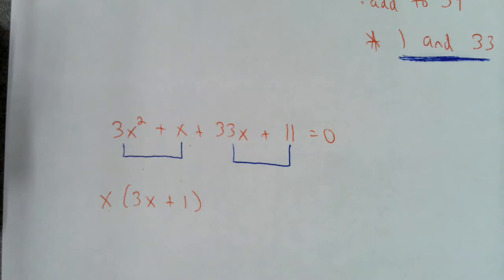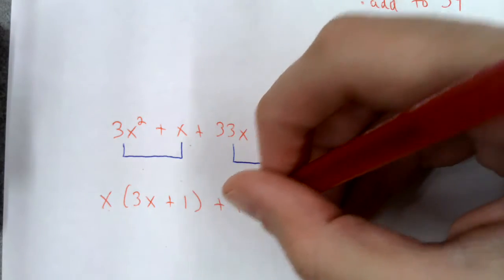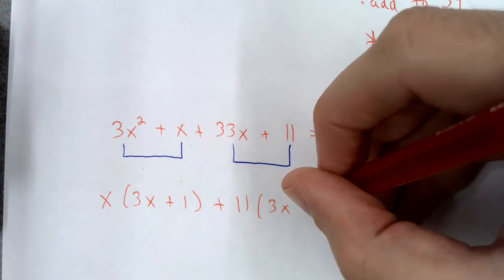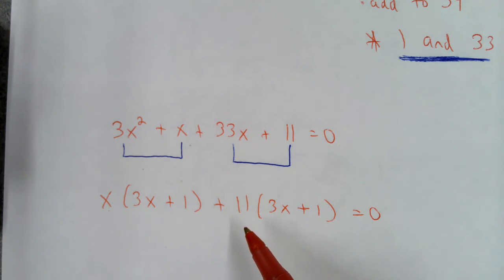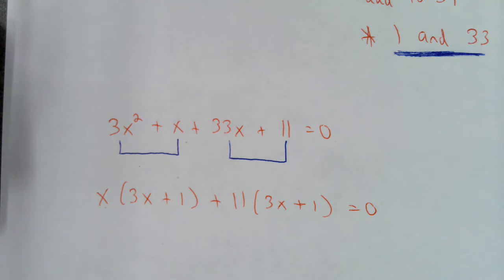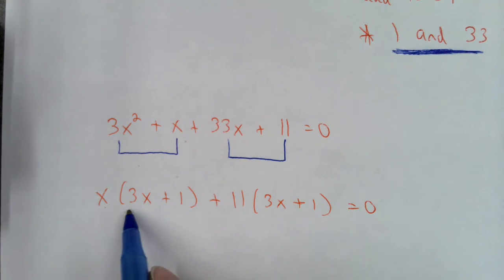The second group has a GCF of 11. So factor out the 11, and it leaves you with 3x plus 1, because 11 times 3x is 33x, and 11 times 1 is 11. Now notice how the parentheses match?